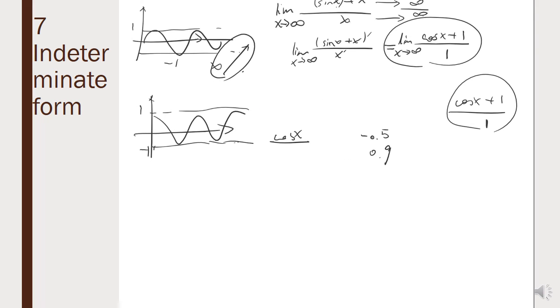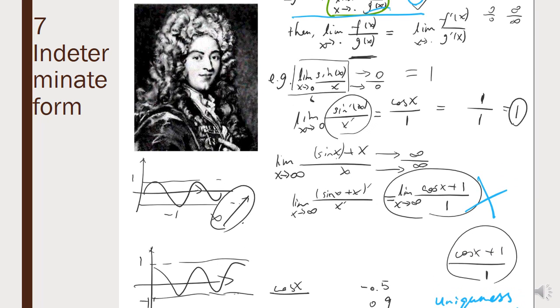However, this time we cannot say the limit exists, because of the property of limits called uniqueness. It means if we say a limit exists, there is only one number for this limit. However, for cosine x plus 1 over 1, we have too many choices. So this limit actually does not exist. So it is not satisfying the second condition, and this time we cannot use L'Hospital's rule to find the limit.